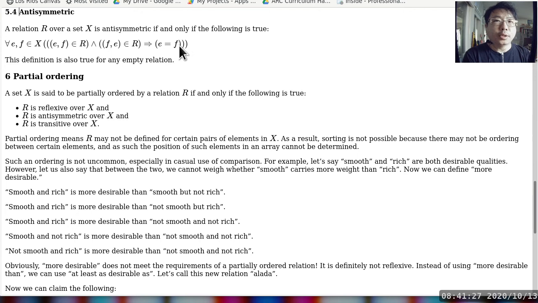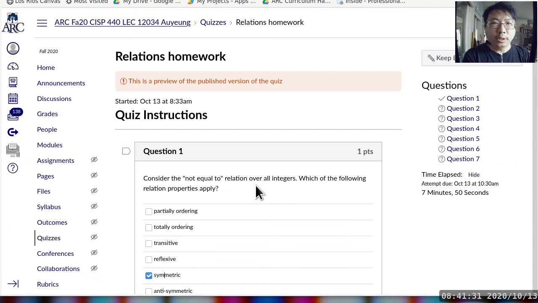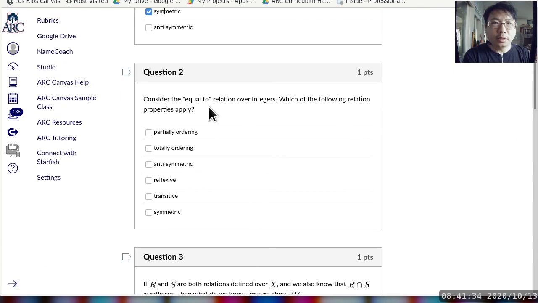Now we want to look at the question we need to answer, which is equal to. The question really is asking, if I find that E equals F and F equals E, does that imply E equals F? Well, the answer is pretty obviously yes.